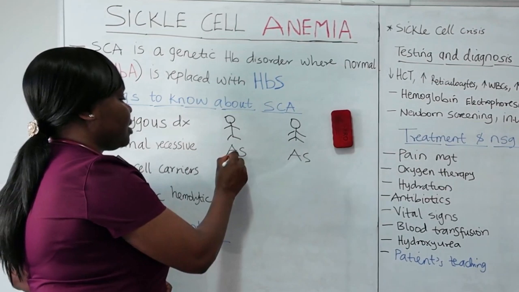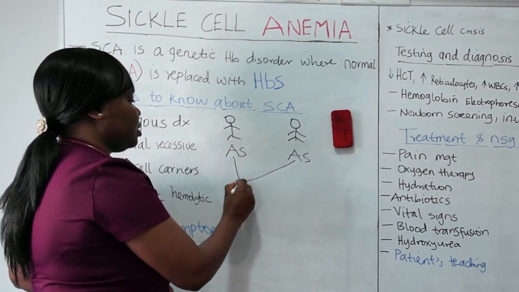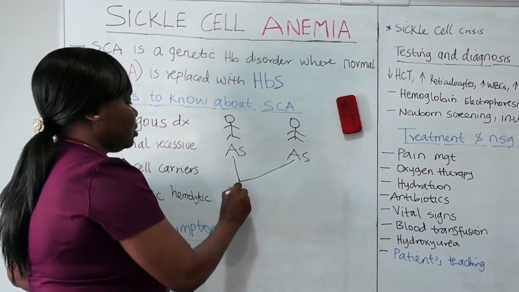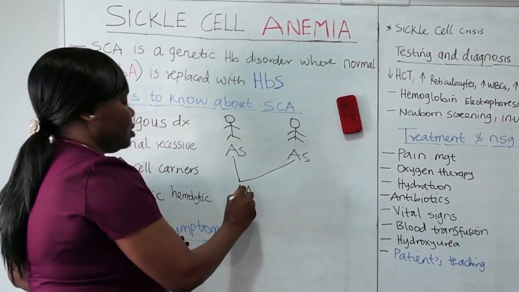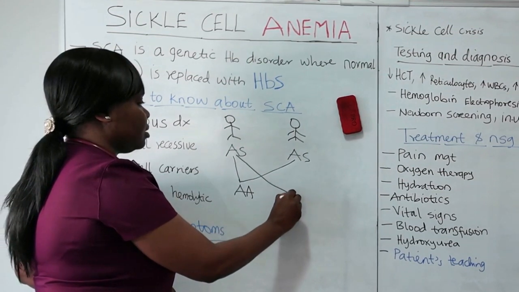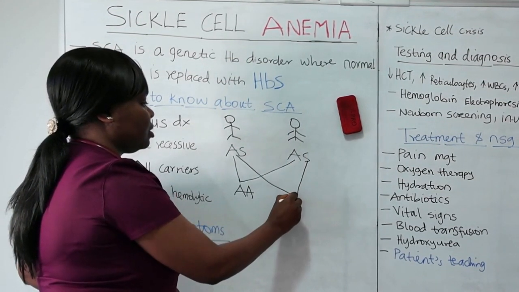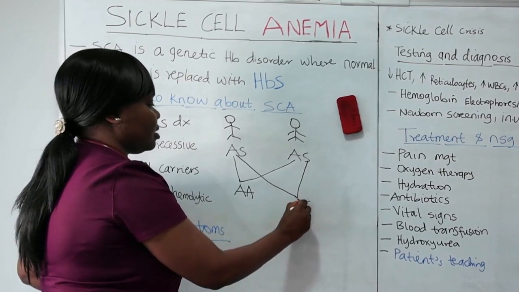So the first thing is that the father releases this gene, the mother releases this gene to have a healthy hemoglobin and genotype AA. The father also releases the A gene, the mother releases the S gene. So what they are going to have is AS.